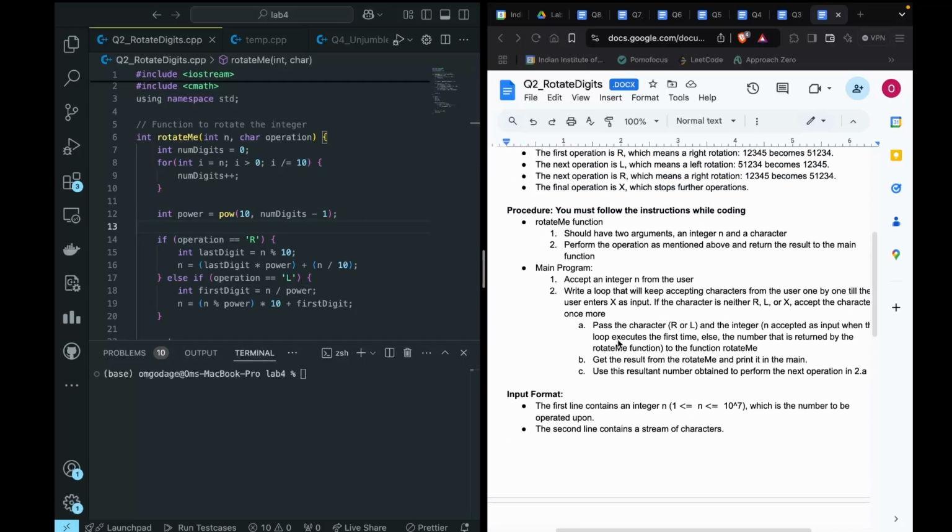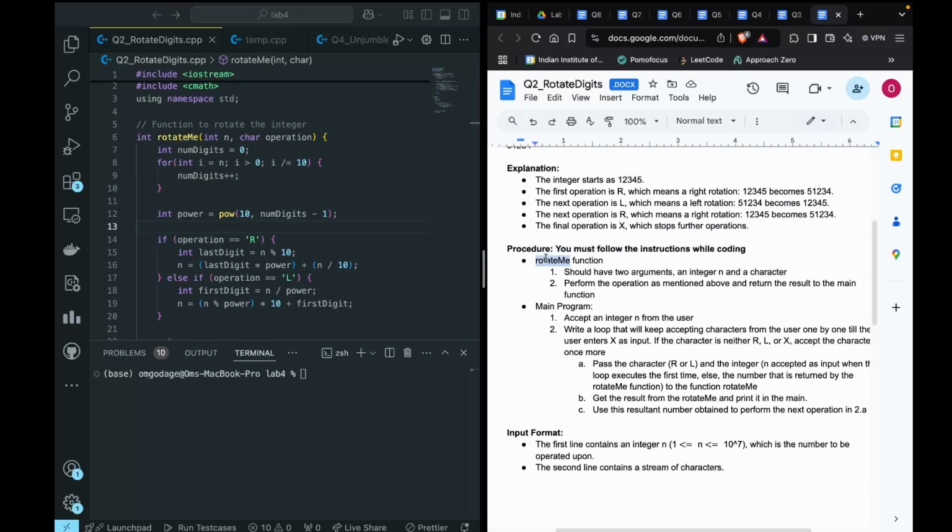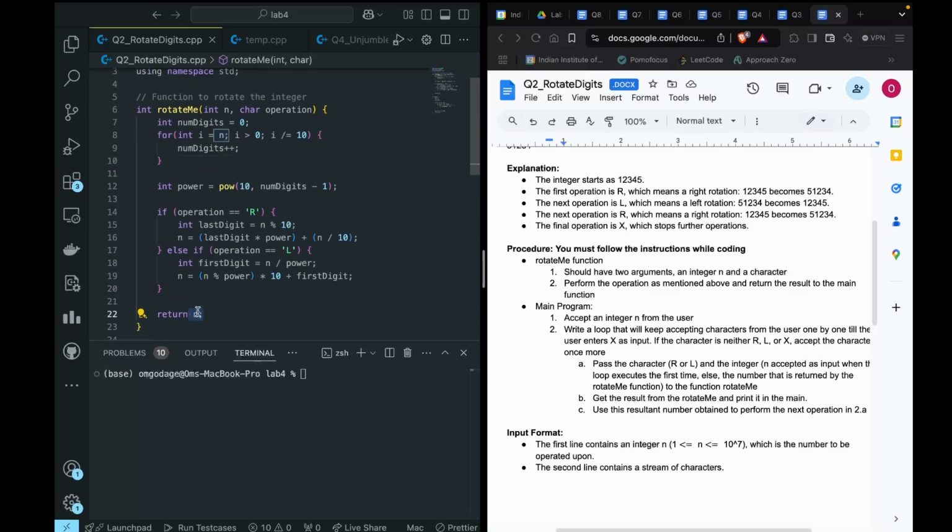Before I explain this, the rotate me function takes in two arguments, which is an integer n over here and a character. So the character is an operation, right? And then it performs the operations and returns the result. So the return type should be an int because it will return an integer.